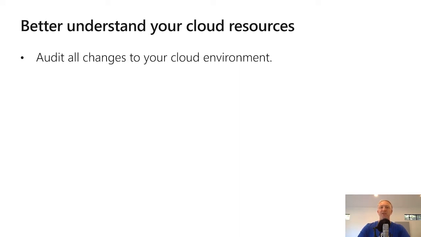Also, since every single operation that's made on Azure occurs via one of Azure's APIs, the Azure Resource Manager API, all changes to your cloud environment are audited in the Azure audit log. So you can trace back and see who made a change when and line that up with changes in your IAC code or your application code and see exactly what caused an issue.